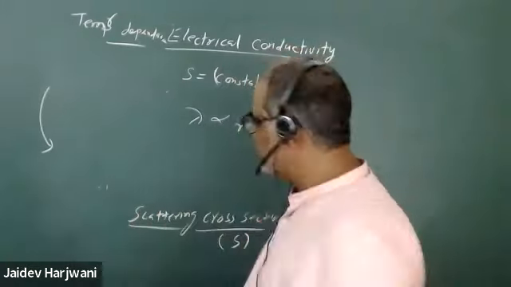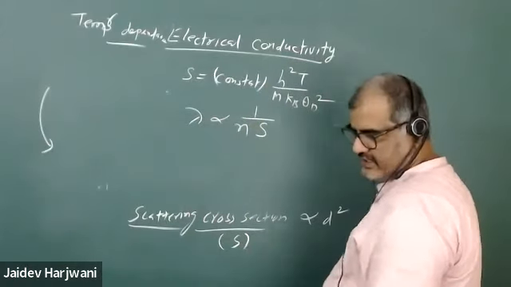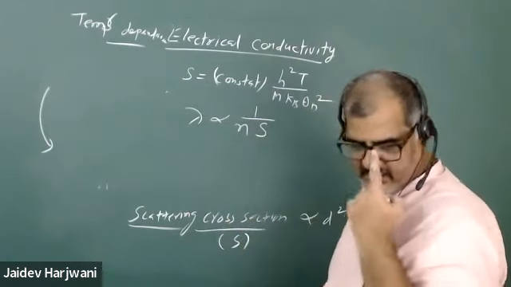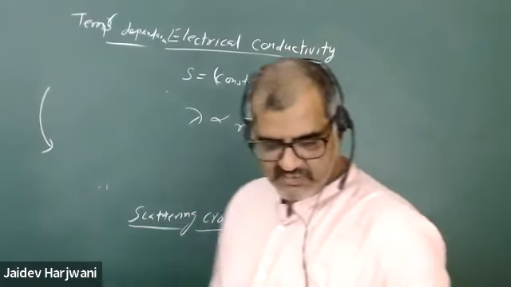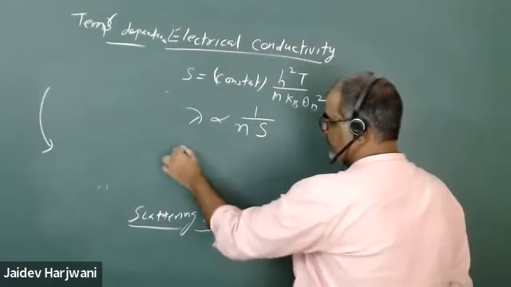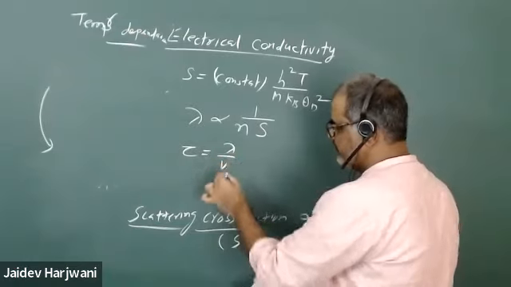The exact expression is root 2 pi, root 2 n_s and root 2 root pi pi d square. What is the exact relation? Mean free path, you might have studied this in thermal physics. I am only writing the proportionality. And tau is what? Tau is your lambda upon v_F.